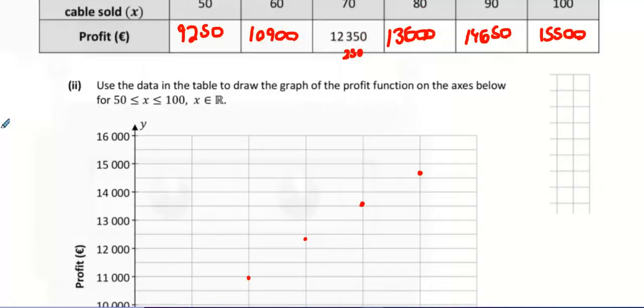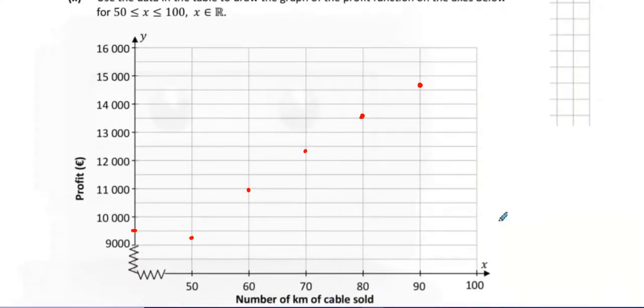And finally 15,500, which is there. Now guys, this should not be a straight line, it should be a curve, okay? So don't use a ruler to draw this. Not talking about anybody specifically. There we go.